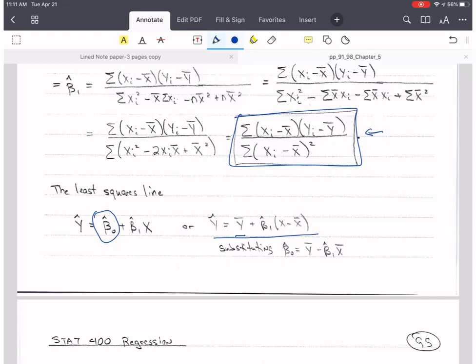What I've done is substitute this in and combine the terms that have beta 1 hat in it. This is an equation that we use quite a bit: y hat is equal to y bar plus beta 1 hat times (x minus x bar). If I wanted to put i's in here, I could, for each observation or each pair.